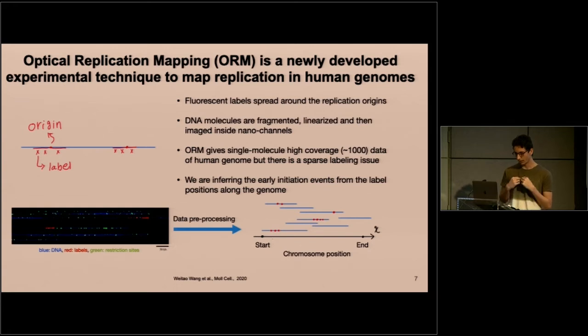So optical replication mapping gives single-molecule, high-throughput data, which can cover the genome about 100 times.